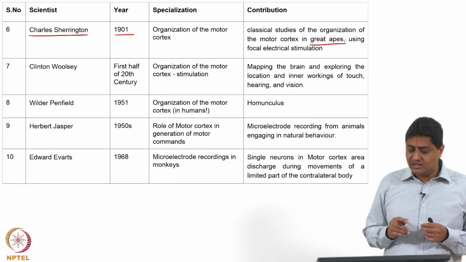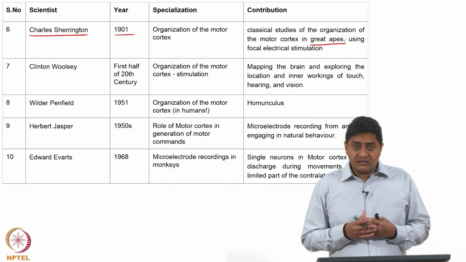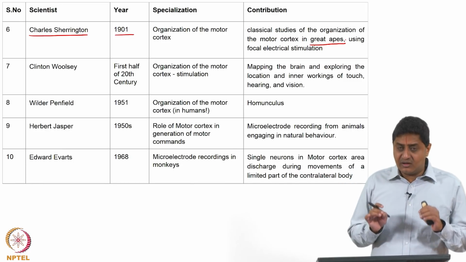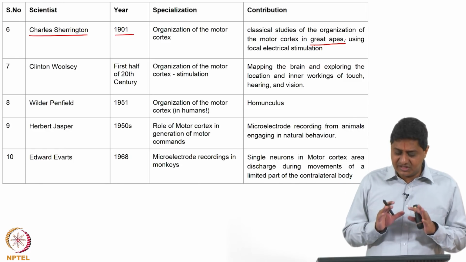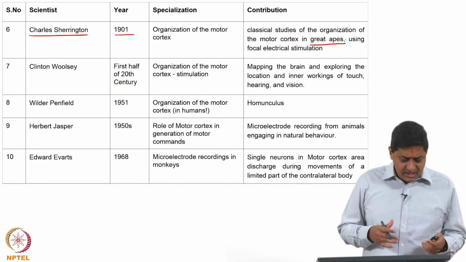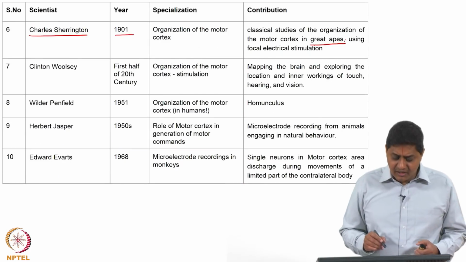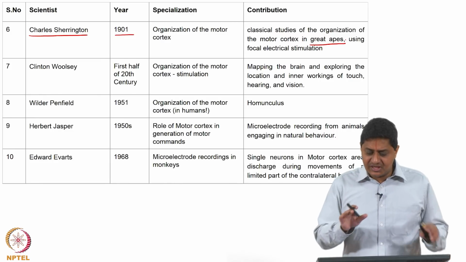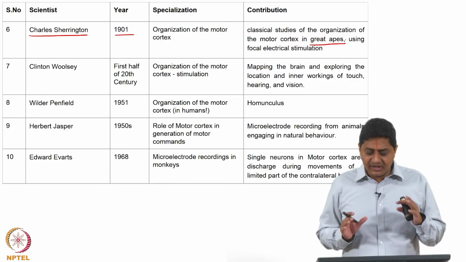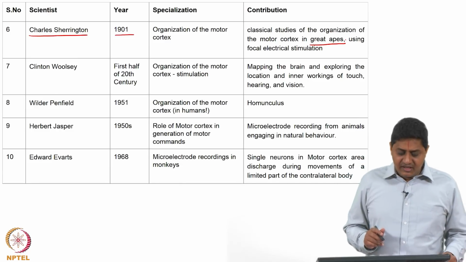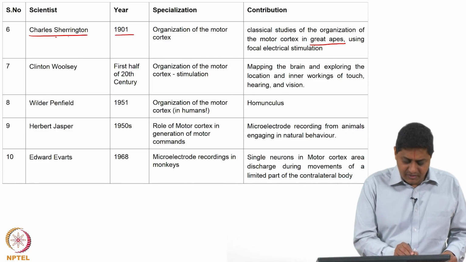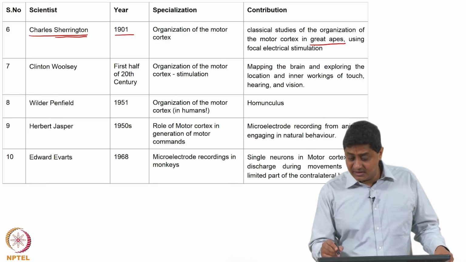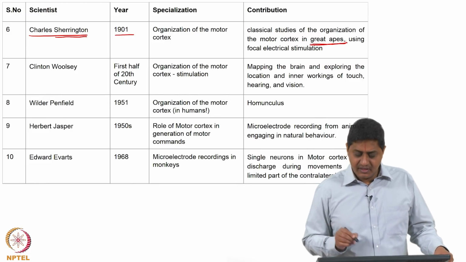So, the first precursor to formal study of the organization of the motor cortex was of course earlier done by Fritsch and Hitzig, but a proper step by step approach, a cleaner map and the organization was generated by this stalwart Charles Sherrington, and he studied this in great apes, right.